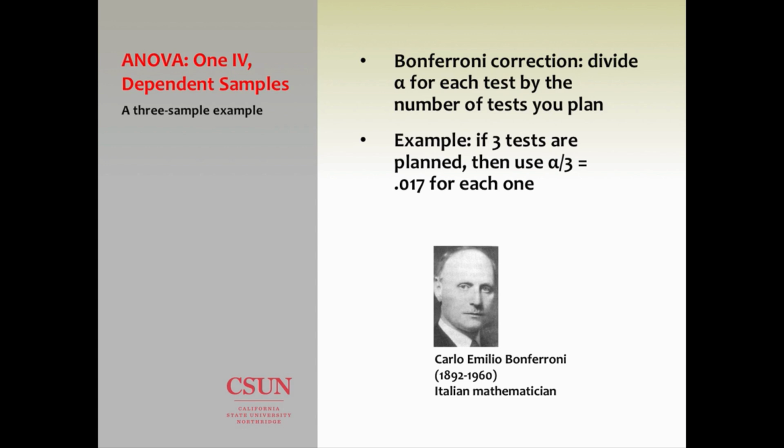And so Bonferroni just said, take your alpha, which is 0.05 here, and divide it by 3. That's a good rule of thumb to use. And so each time you get a p-value for these t-tests, you're going to compare it now to 0.017 instead of 0.05.